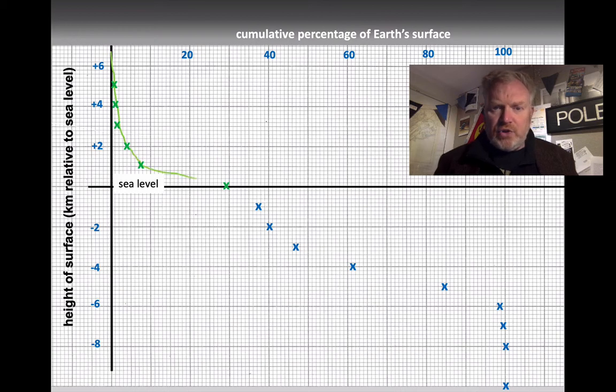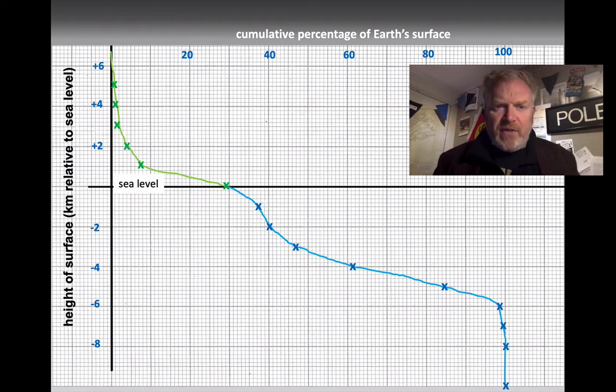And I can then join these up. So we've now got a graph showing us the spread of heights of the Earth's surface.